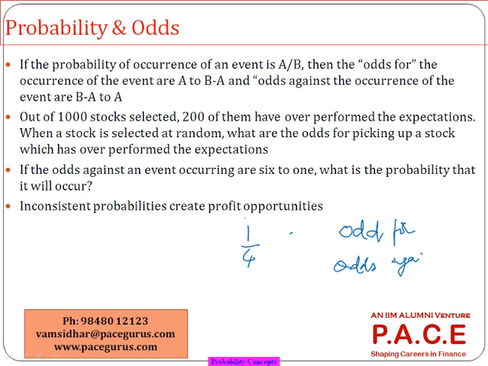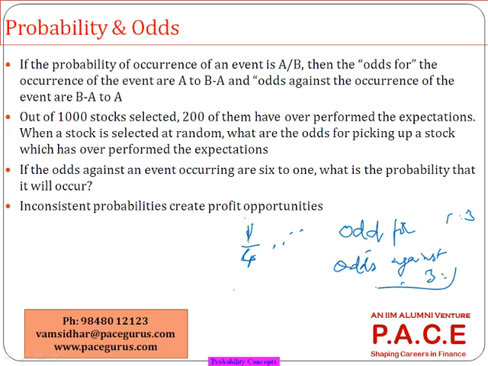Out of 4 outcomes, 1 is favorable, right? That is the definition here. Out of the 4 outcomes, 1 is favorable, which means 3 are unfavorable. So the odds for will simply go as 1:3, favorable to unfavorable. Odds against is nothing but unfavorable to favorable.